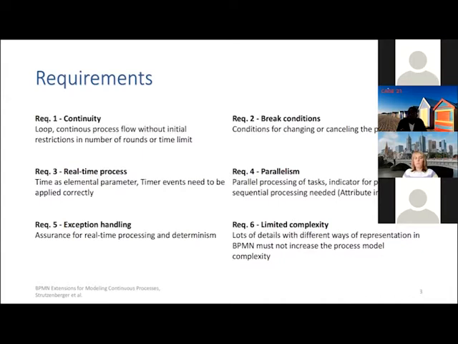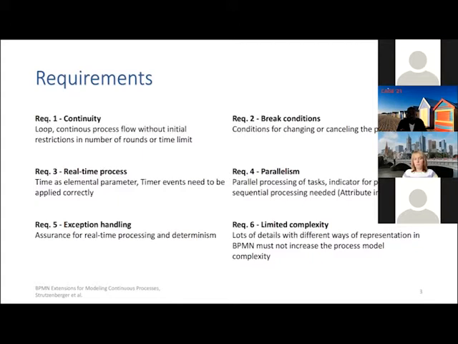Then we have break conditions in order to be able to define when a continuous process is changed or finally cancelled. As time is also an elemental parameter in such processes, we need to introduce a requirement for real-time conditions. And after this, we have also parallelism, because in most cases we have several tasks which are processed in parallel in a continuous process.